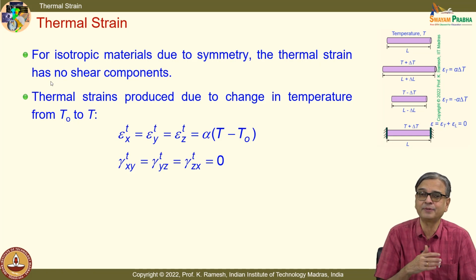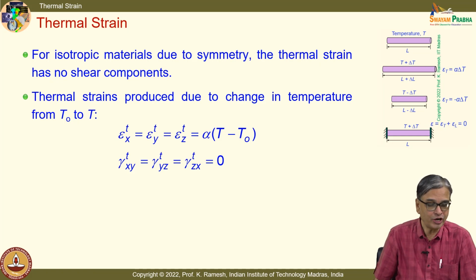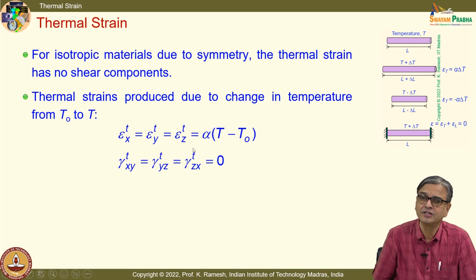So, when I have a temperature change, I would only have normal strains epsilon xx, epsilon yy, epsilon zz. To show that this is the thermal effect, either you use T or TH, whichever way you would like to label it, and that is related to alpha times the temperature difference.